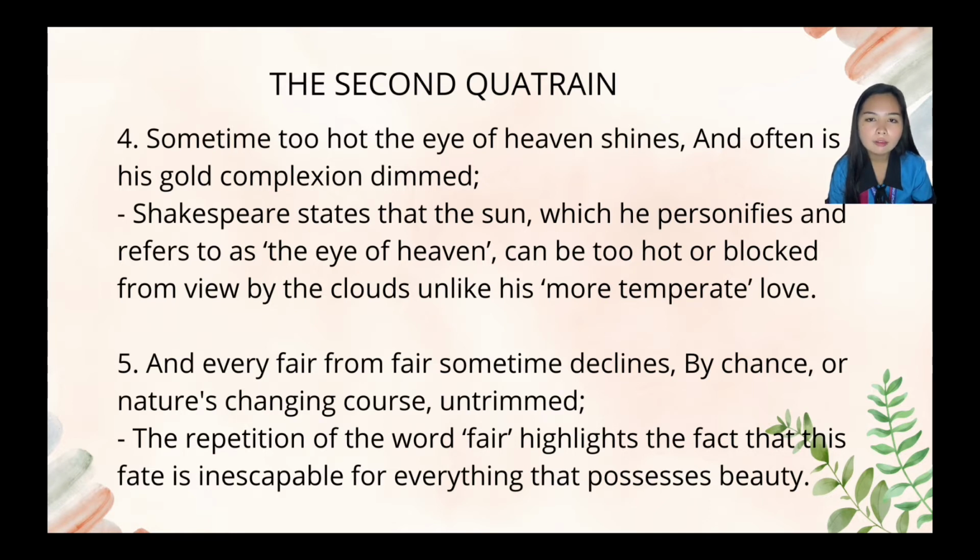"And every fair from fair sometime declines, by chance or nature's changing course untrimmed." The repetition of the word "fair" highlights the fact that this fate is inescapable for everything that possesses beauty.